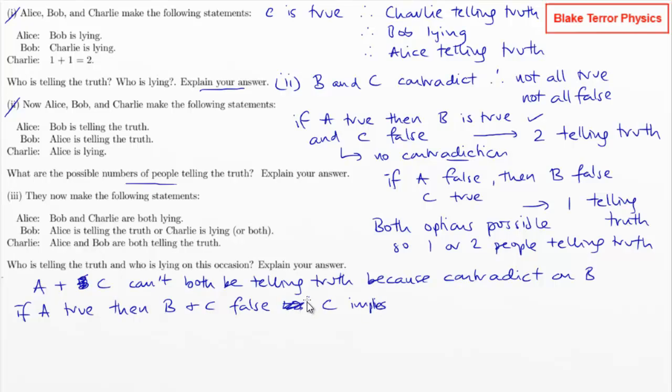Therefore, C implies that B is lying. So what is B saying? Alice is telling the truth, or Charlie is lying, or both. Alice is telling the truth, so that contradicts. Contradiction.